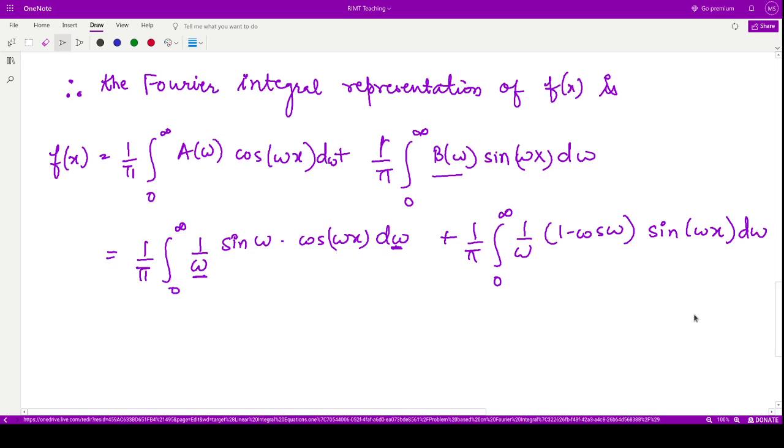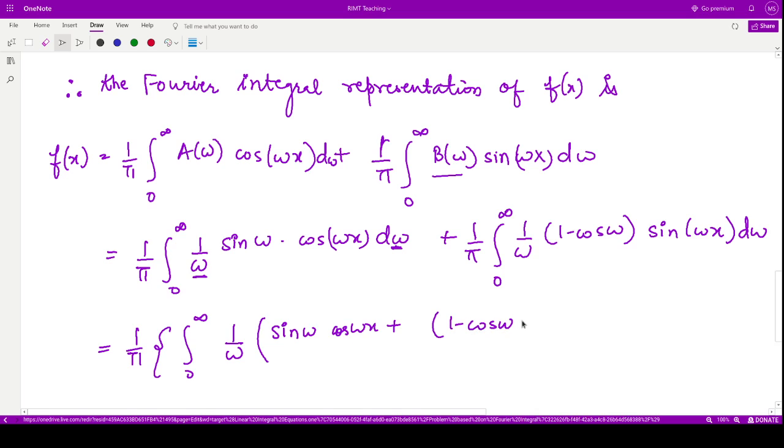Now what I can do, I can merge these two integrals so that I would have integration from 0 to infinity. So I can write this: 1 by omega is common in both of these, so I can take this to be common. So I'll be left with sine omega cos omega x plus (1 minus cos omega) into sine omega x, right?